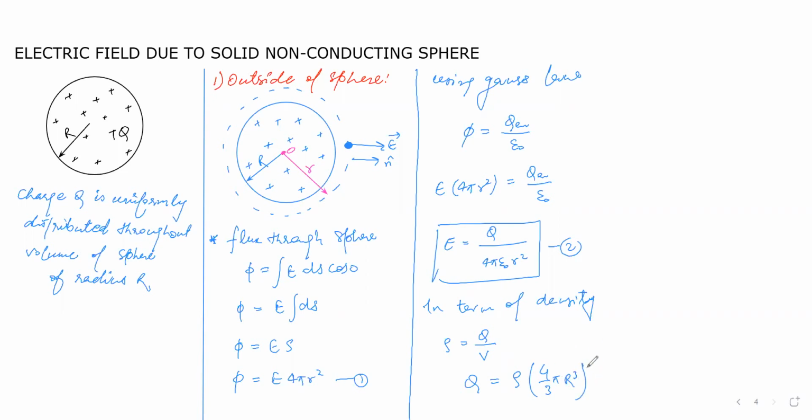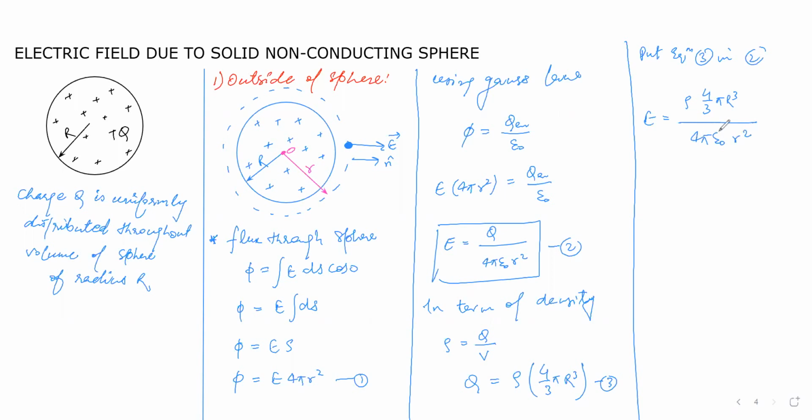When you put this value of Q into equation 2, that is, put equation 3 in 2, you get E is equal to rho 4 by 3 pi R cube over 4 pi epsilon naught r square.